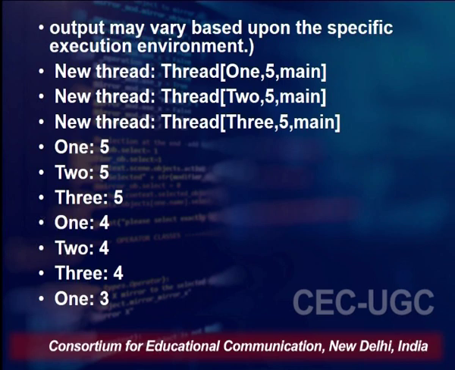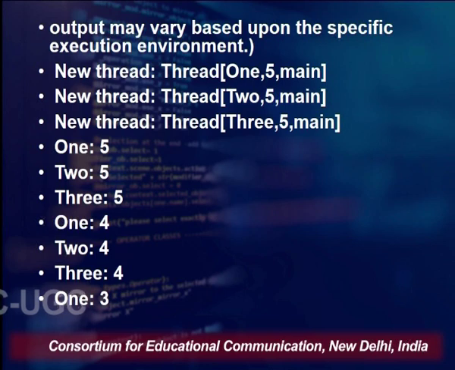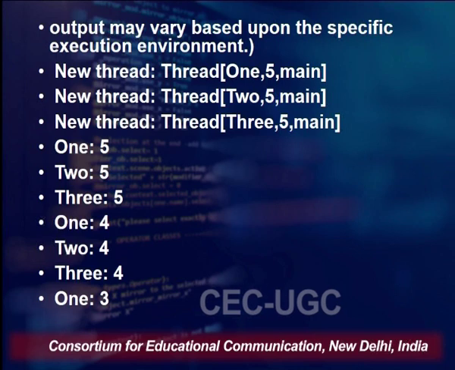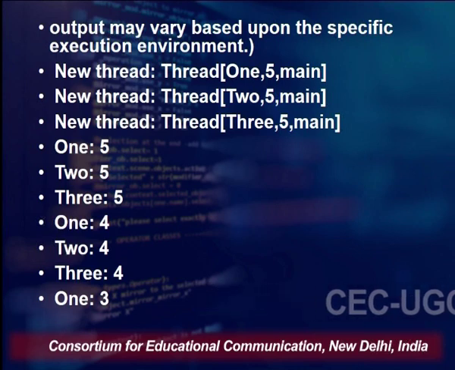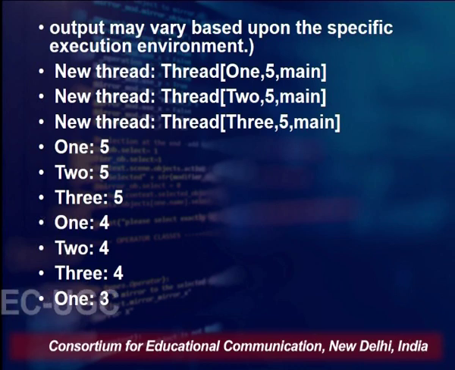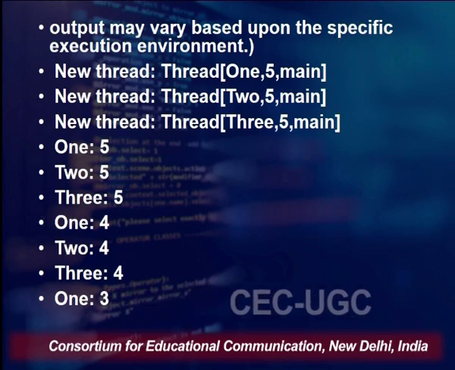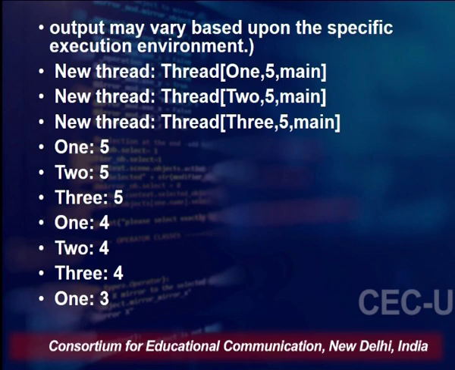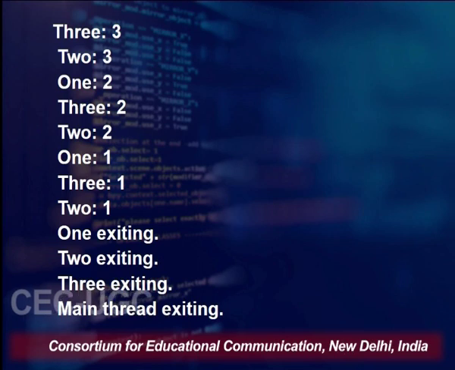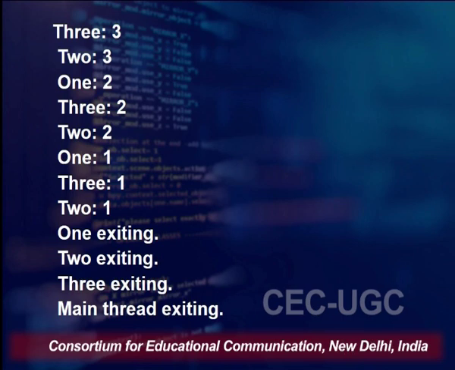So a tentative output is shown on the screen, which says 3 threads have been created, 1, 2 and 3. And what is the significance of this number 5, I will be telling you when I tell you about the priority. Then for 1, 2, 3 the counter 5, then for 1, 2, 3 the counter 4. Then again for 1, 2, 3 the counter 2, then 1, 2, 3 and then this is still 1.